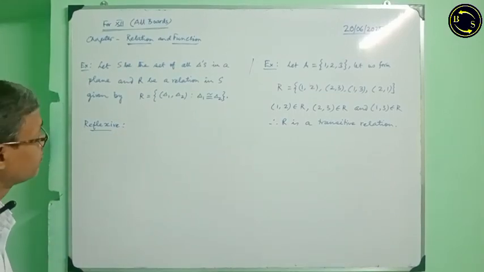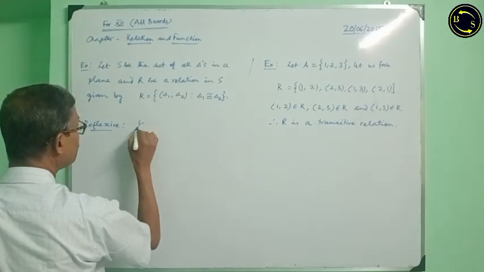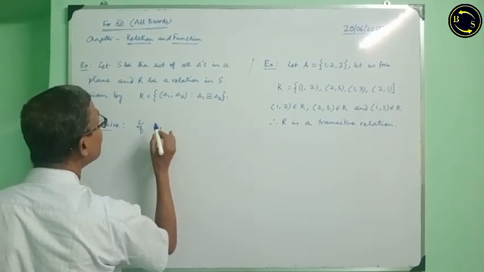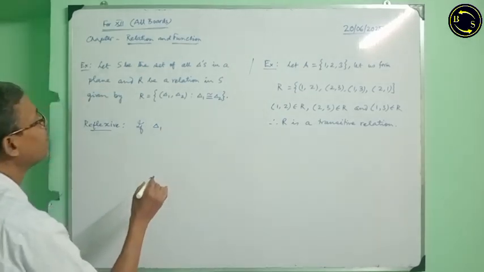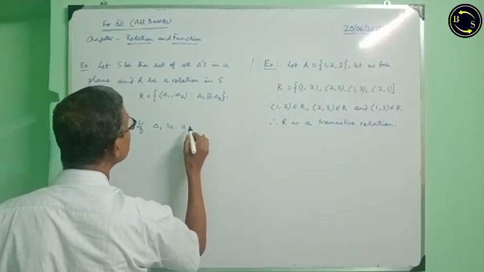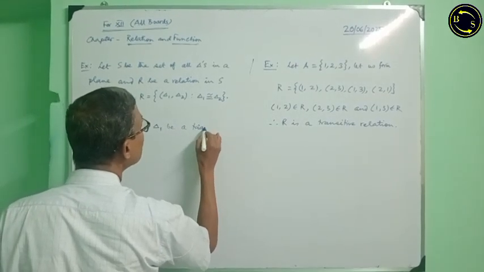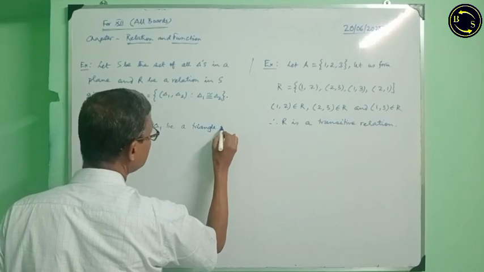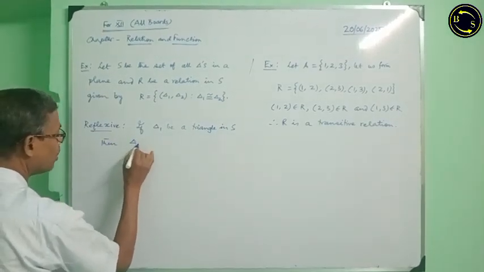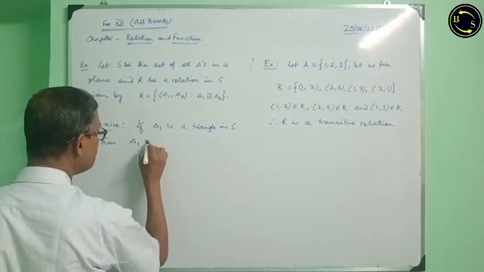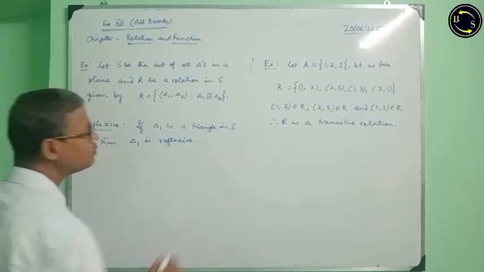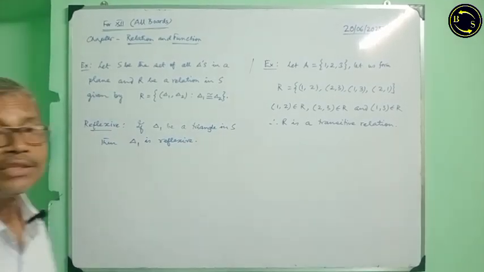First of all, reflexive. If delta 1 is a triangle in S, then delta 1 is reflexive. Why? Any triangle is congruent to itself.